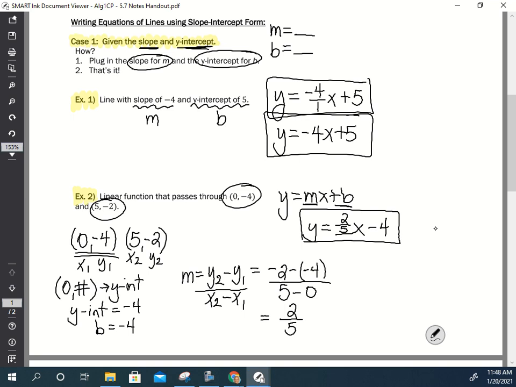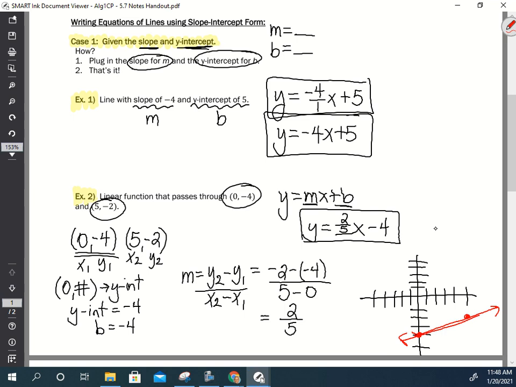You always reduce. You always 100% reduce. If you were graphing this, this is 0, negative 4, and then 1, 2, 3, 4, 5, negative 2. If you're graphing it, then it's rise over run.